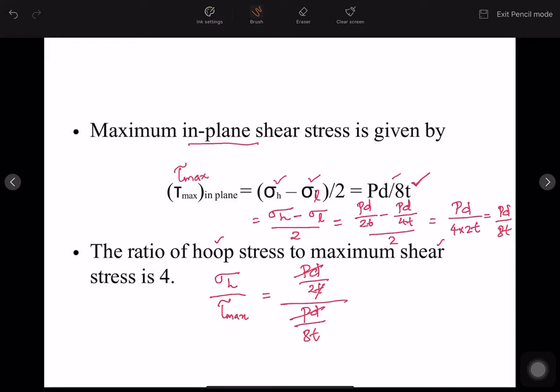After cancellations, ultimately we'll get the ratio as 4. So the ratio of hoop stress to the maximum shear stress is 4. This can be helpful in some of the numericals or in objective type questions. So this thing you have to remember.